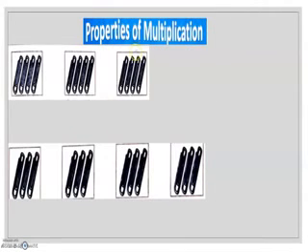Now we can see some properties of multiplication. Here, the first property of multiplication is, even if we change the order of numbers, the answer will be the same. Here we have 4 pens. Here we have 4 pens.